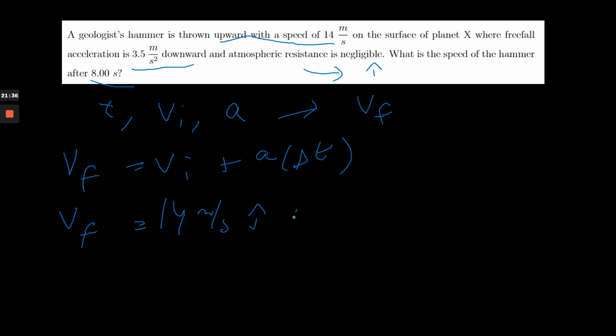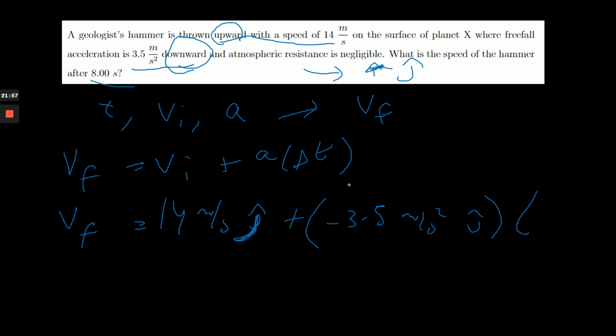So 14 meters per second i hat plus your acceleration, be careful here, downward. Oh, actually it gave upward and downward, so we have to use j hat because that's the vertical direction. So that's a j hat plus negative 3.5 meters per second squared j hat. And then times our change in time, which is our 8 seconds.